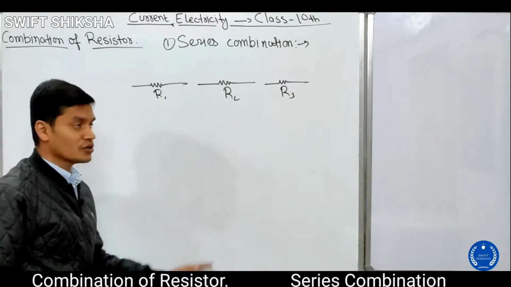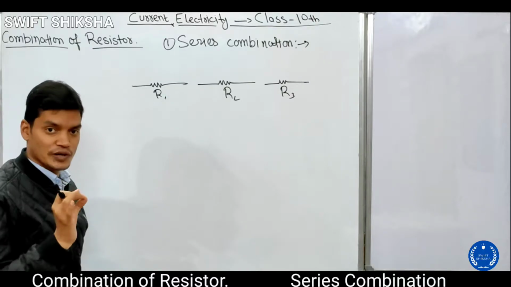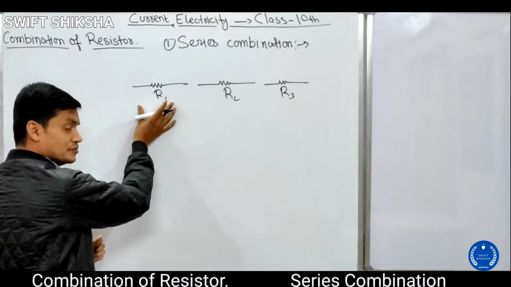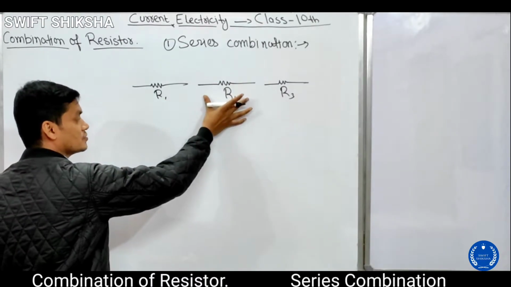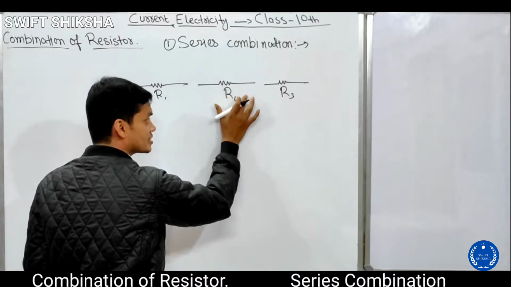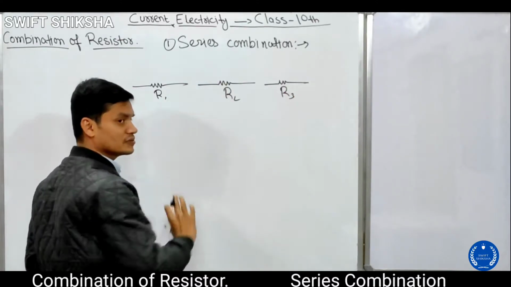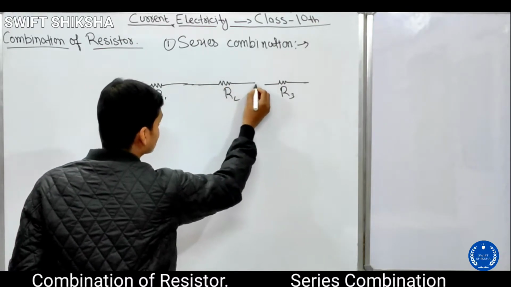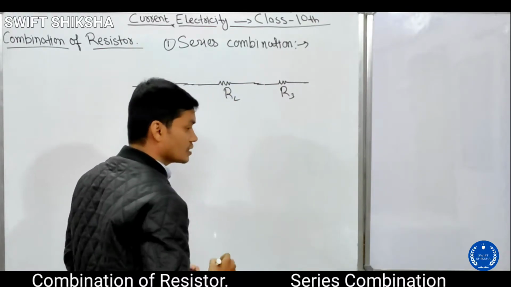According to the statement of series combination, the second end of this resistor is connected to the first end of this resistor, and again the second end of this resistor is connected to the first end of this resistor. We join here, also join here.